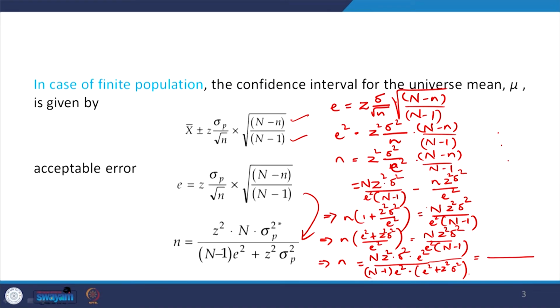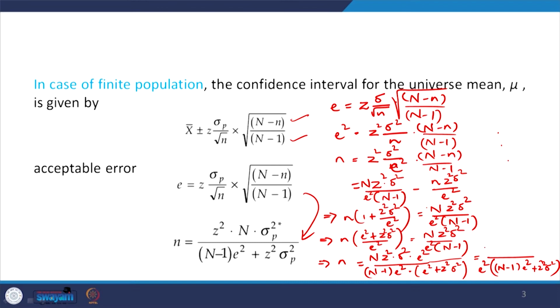Now this is basically (N minus 1) times another E squared, plus z squared sigma squared.